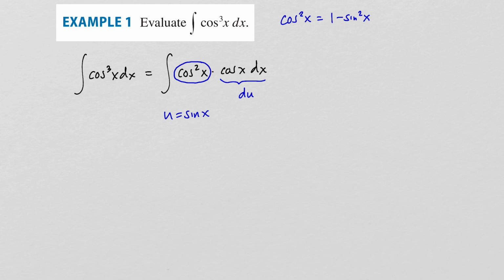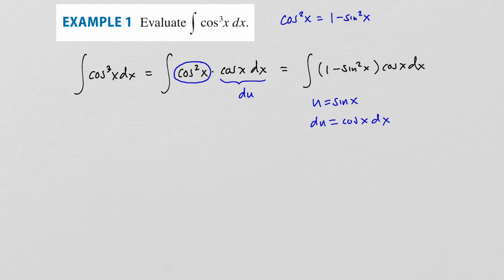So if we just apply this identity, we're going to have 1 minus sine squared of x times cosine of x dx. And now, if we let u be equal to sine of x, du will be cosine of x dx, and this integral becomes 1 minus u squared times du.